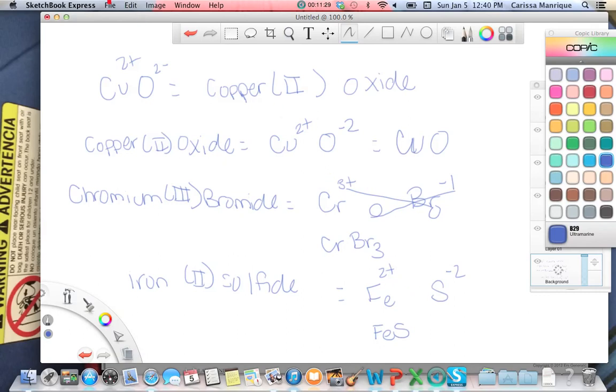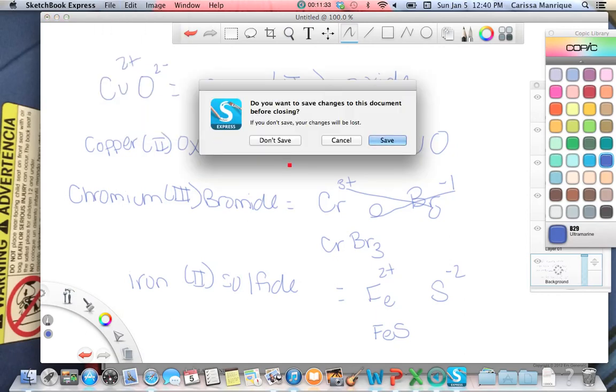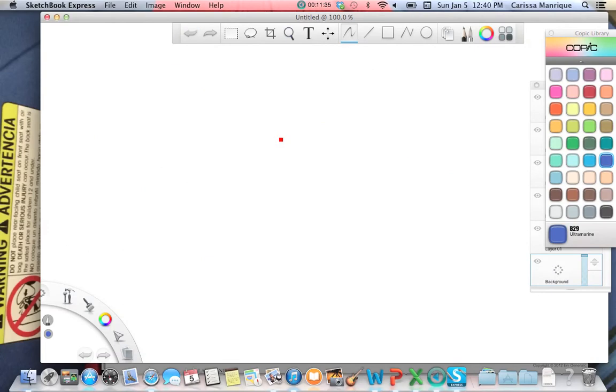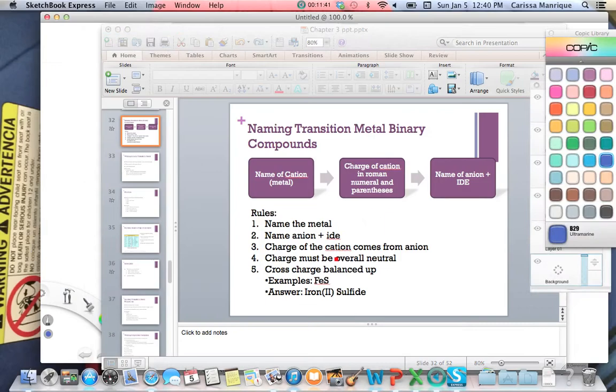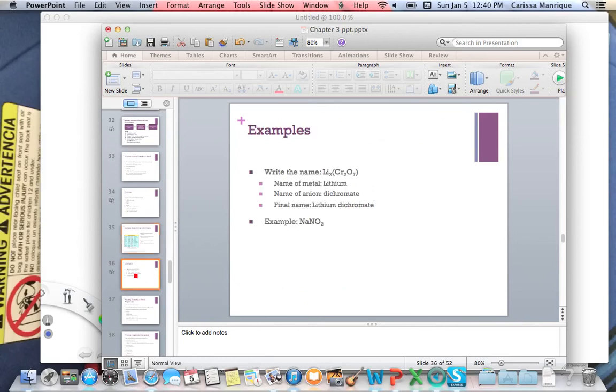Okay, now let's do the polyatomic. And these are going to be just the same as a monoatomic if you want, except now I'm going to use a polyatomic chart. Okay, so I'm going to name my metal, and then I'm going to have a Roman numeral plus my polyatomic ion. Okay, so let's write the name of this one.